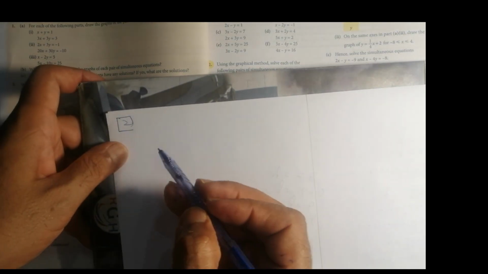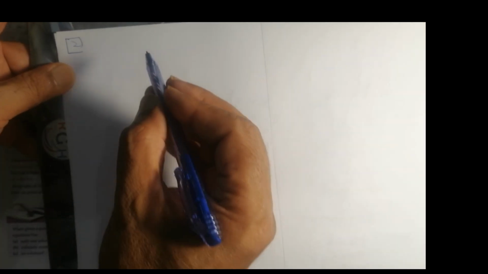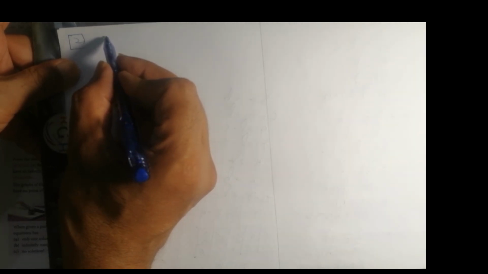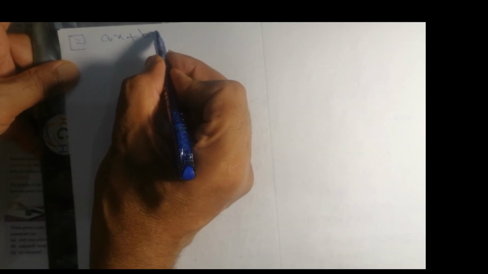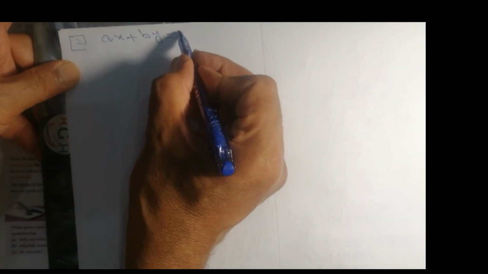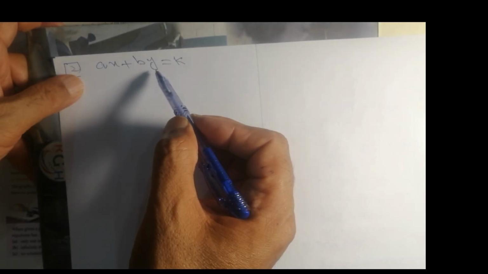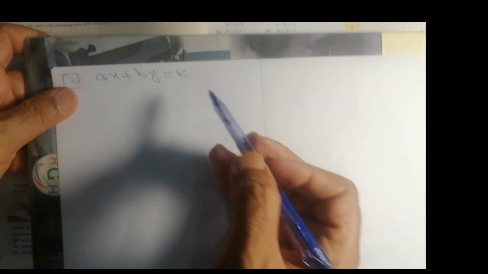In question 1, all the equations are like, what is the standard equation actually? One form was y equal to mx plus c. The other we saw was ax plus by equal to k. Actually this is another form of the same thing, the equation of a straight line.